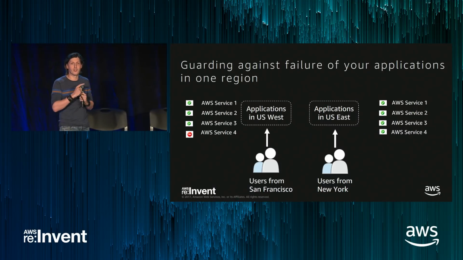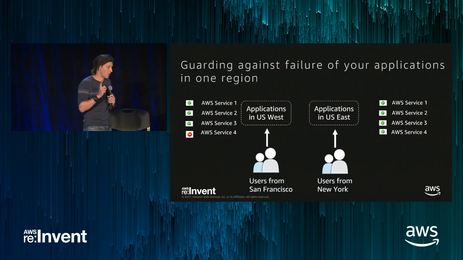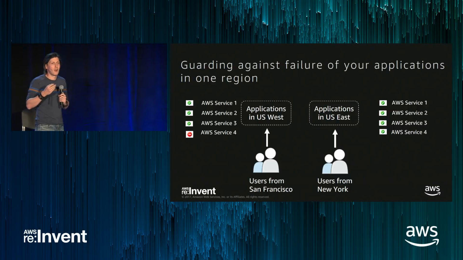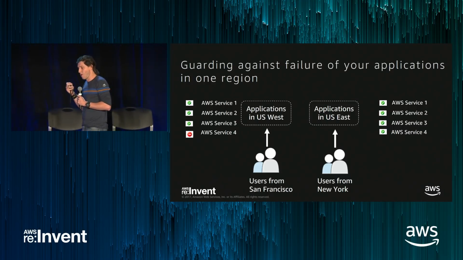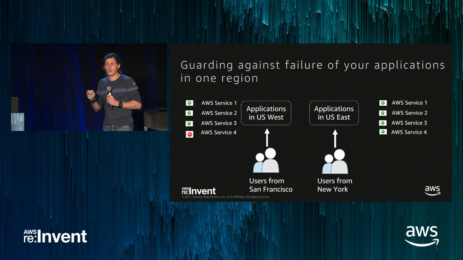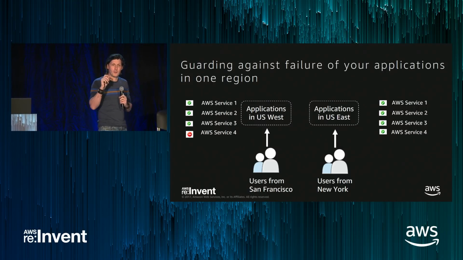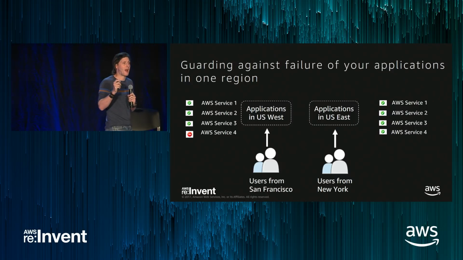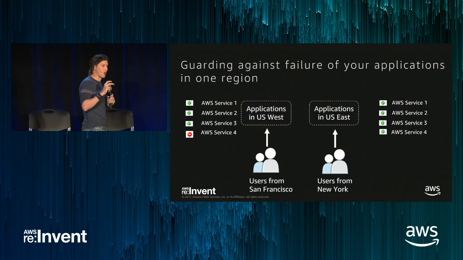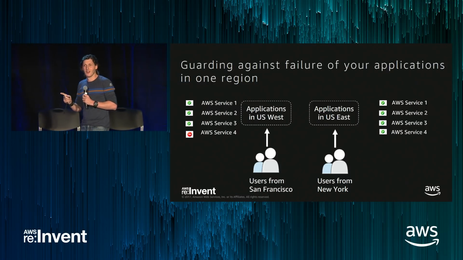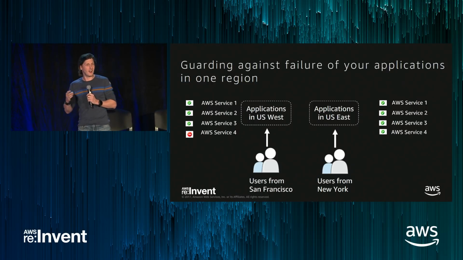What happens if one of the services fails within a region? By the way, this is also how you should think about failure. Often customers talk to me about what happens if the region fails. Well, that's not really actually what happens. What happens is it's normally a component within the region that fails. It's a partial failure. And those of you who work a lot in operations know that partial failures are the worst ones to detect and actually work because it's not entirely broken.